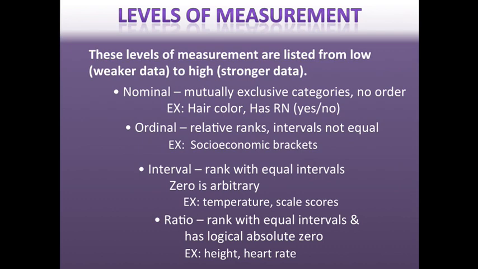All right, so then we have ratio data. Ratio data is actually pretty similar to interval data, so it has the same equal intervals, but it also has a logical absolute zero to it. So an example of this would be height, for example. You can be 6 feet tall, but in theory that goes down to 0, which is essentially no height, so an absolute absence of a thing. Or heart rate, you can go down to a 0 heart rate and you're dead. So there is sort of this absolute zero in those cases.